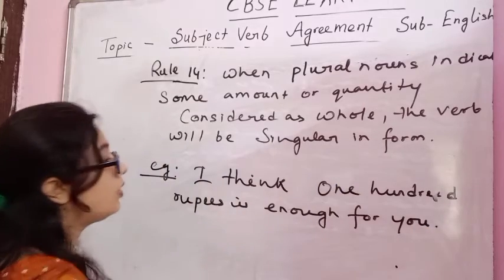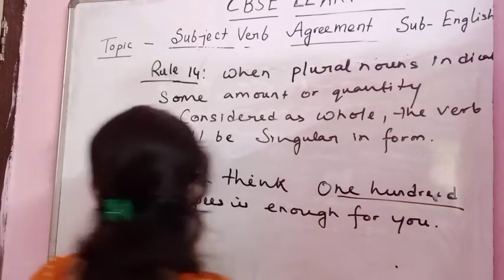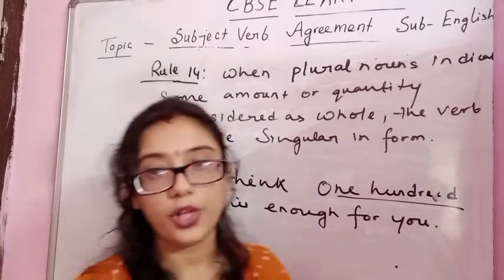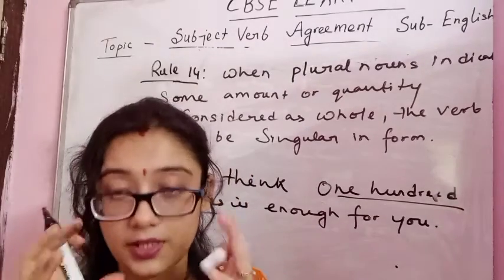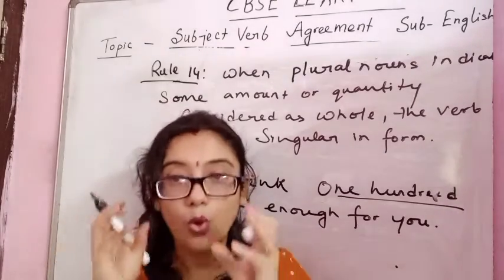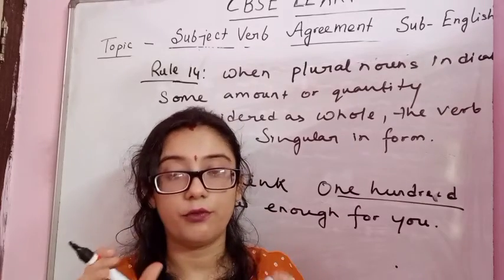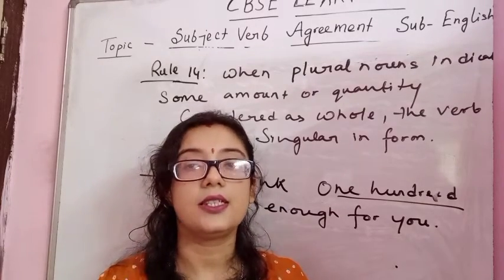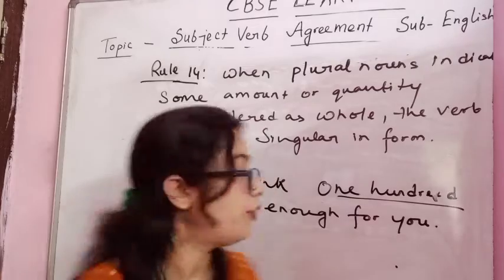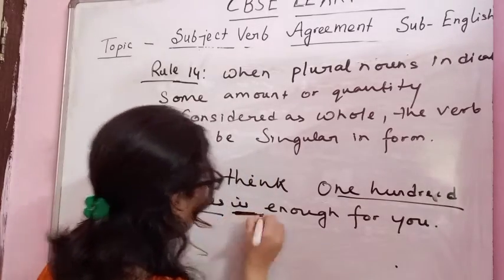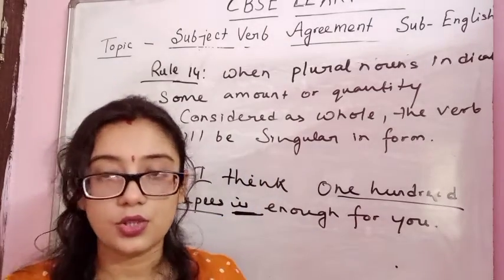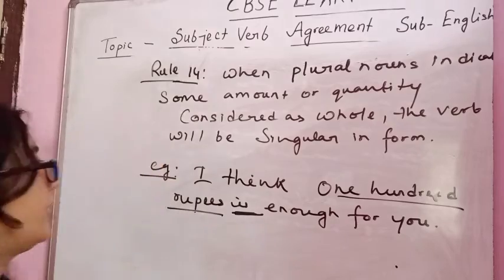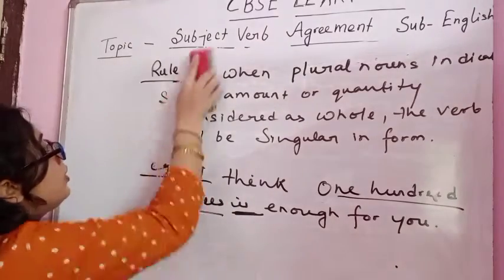Okay, so here 100 rupees is plural in form, but it is indicating some amount as a whole. So we are using the singular verb. Okay. So this is rule 14. Now rule 15. What is rule 15?